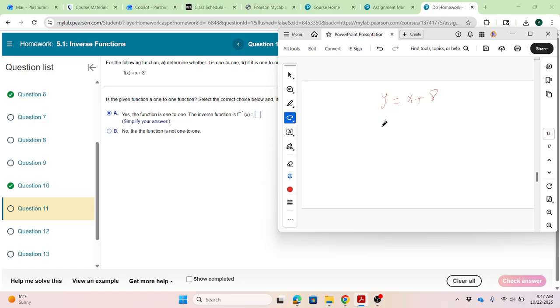And now you switch y by x and x by y and solve for y. Finally, y is x minus 8. That would be the inverse function.